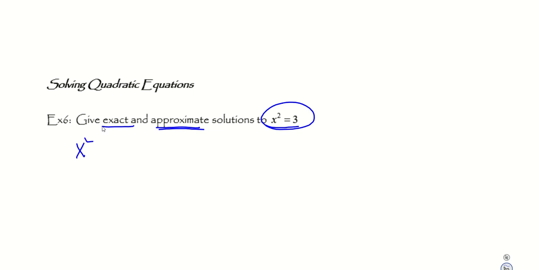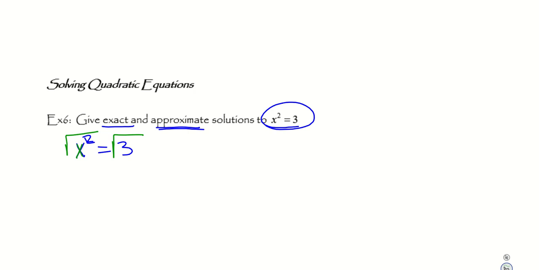Right, so there are two ways to solve this. One is that although with a quadratic we typically want it to equal 0, my ultimate goal is to get x by itself. So if I take the square root of both sides, I get x. But really, when I take the square root of x squared, what comes out of the square root has to be positive, but what x is doesn't necessarily have to be positive.